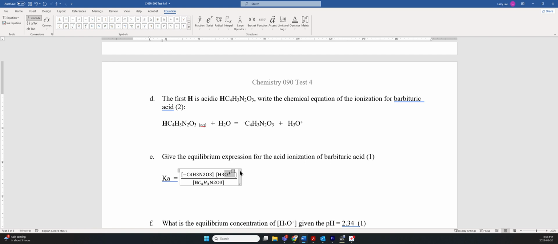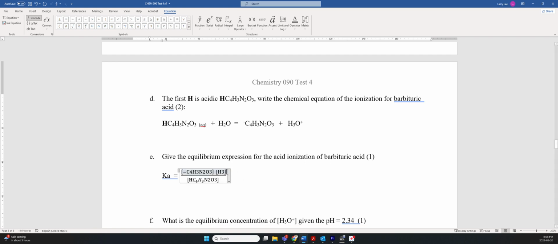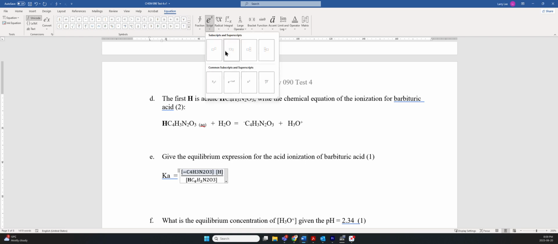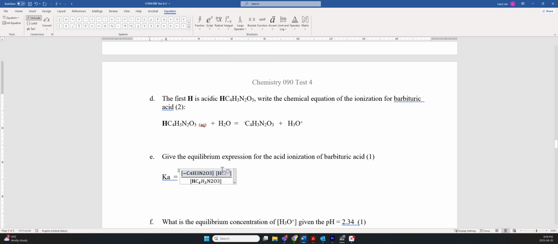Just got to get rid of this other box. Okay, I think you get the idea that we have to put plus. Since I told you this is kind of tricky, and I wasted a little time on this computer, so we accelerate this. Okay, so H3O plus right there.